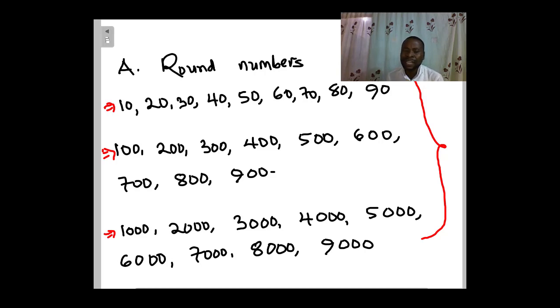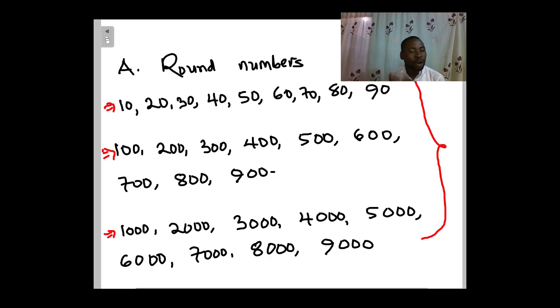So one more time, I said that the first set, notice that all of them are round to tens. Did you notice that? 1 ten, that is 10, 2 tens, that is 20, 3 tens, that is 30, 4 tens, that is 40, all the way to 90, which is 9 tens. Now, if you look at the second set of round numbers, they are in hundreds: 100, 200, 300.